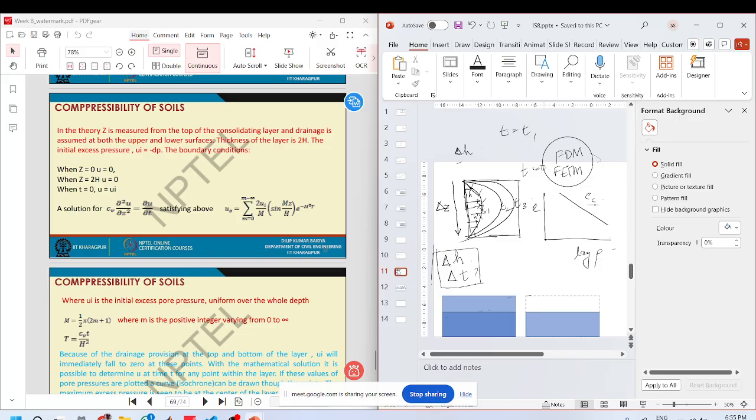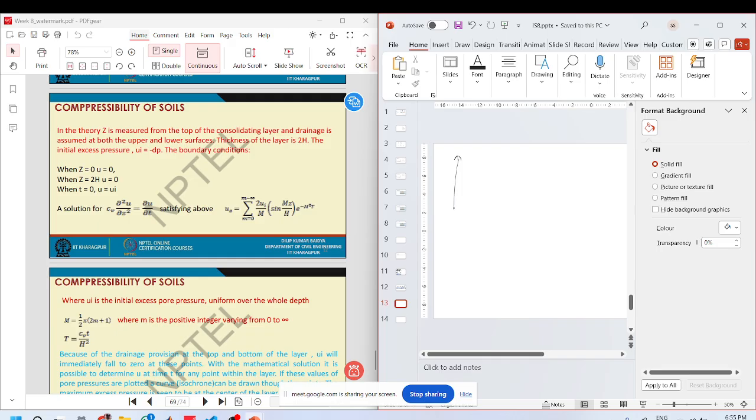This is the compression index. And when you unload it, this slope is called Cs, which is the coefficient of swelling or swelling index. If you plot this like this, then the slope gives you Cc and Cs.